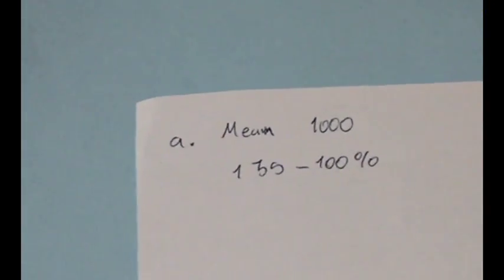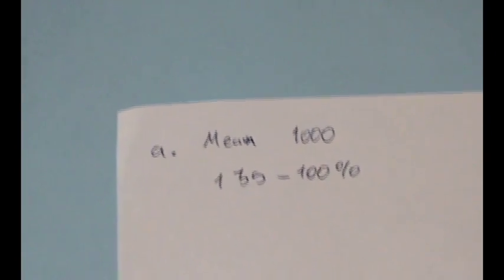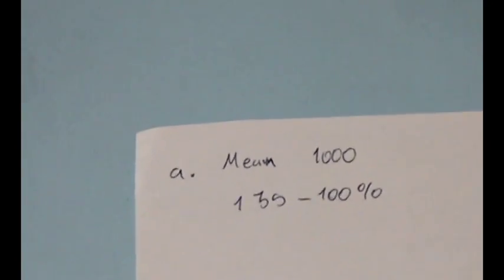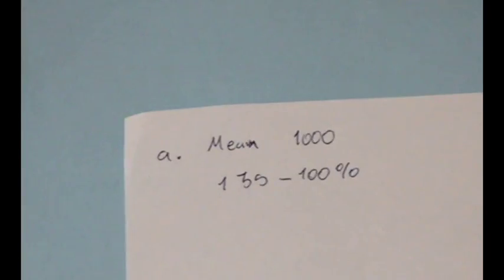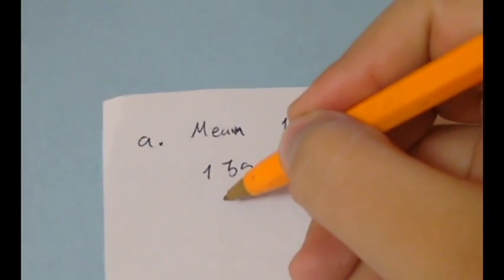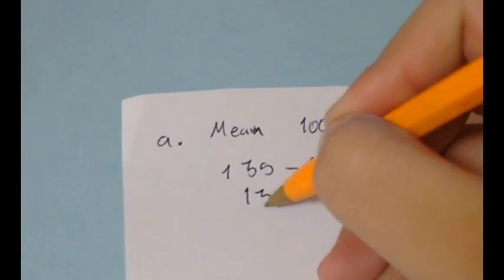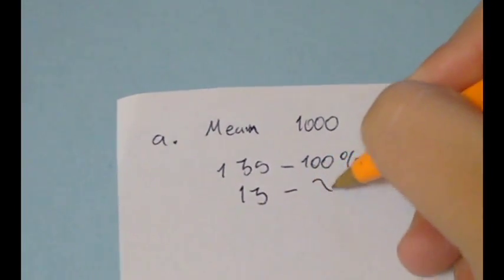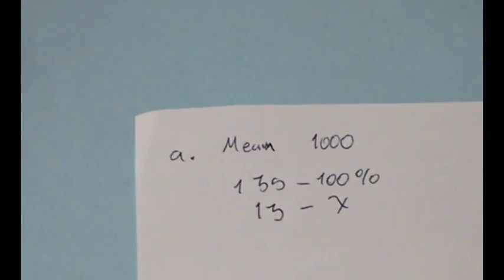Then it says choosing a random student whose grade is lower than the theoretical mean. The total number of students who have this grade is 13. This would be our x. Then we have to do a cross multiplication.